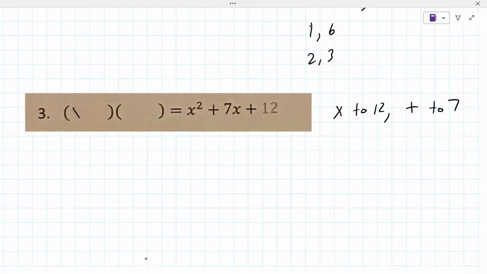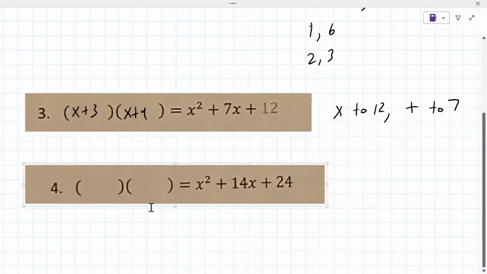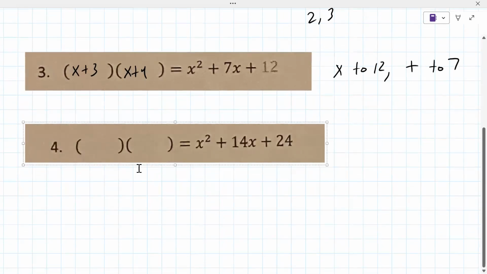So it becomes x plus 3, x plus 4. All right, so why don't you try number 4 on your own, and we'll talk about 5. 5 is a little bit different. x plus 12, x plus 2. Yes.